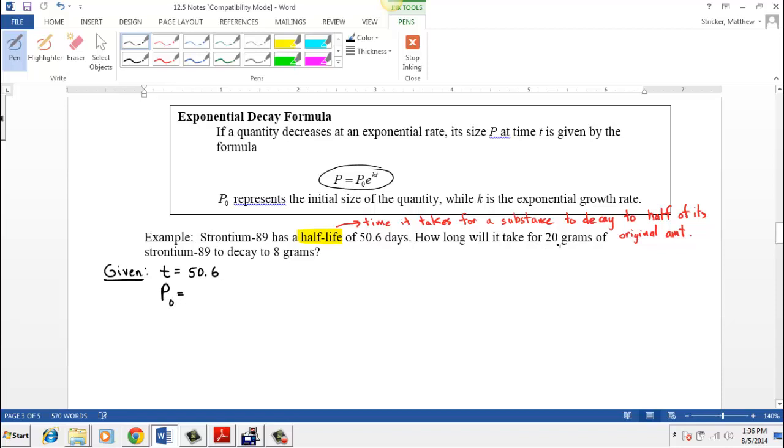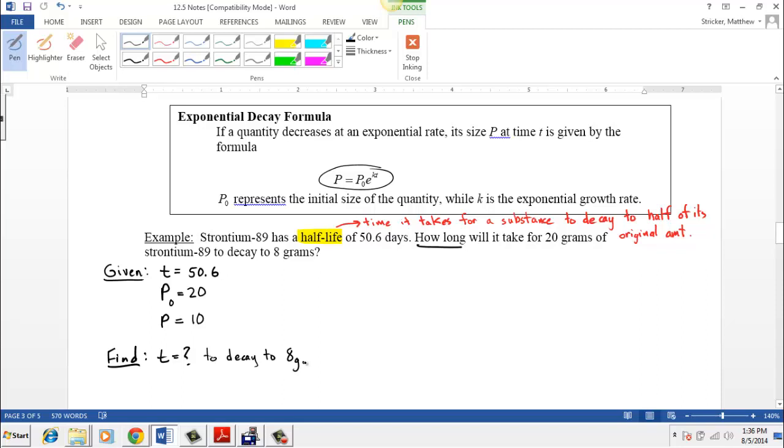Well, it says 20 grams, right? That's the initial amount. And if it decays to half of that, that means the future amount P is going to be half of 20, which is, of course, 10. And then what we want to find is the time t, because it says again how long here, time it takes to decay to 8 grams.